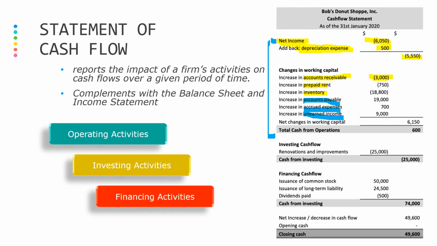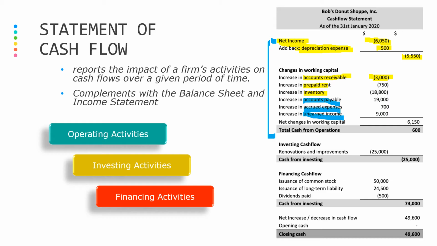Same, it is also an outflow since the company has bought additional goods to prepare for its product. Okay? So if you can observe, when there is an increase in the current assets, it is a cash outflow. Otherwise, if there is a decrease in the current assets, it is a cash inflow.